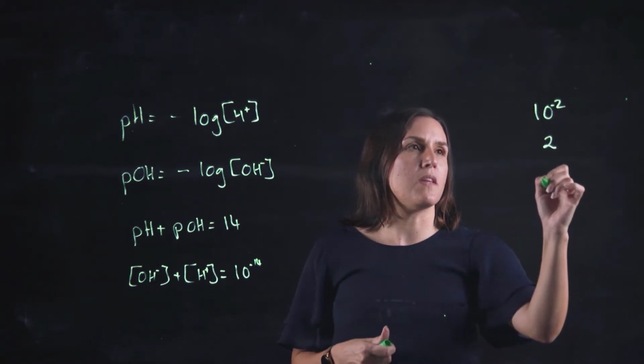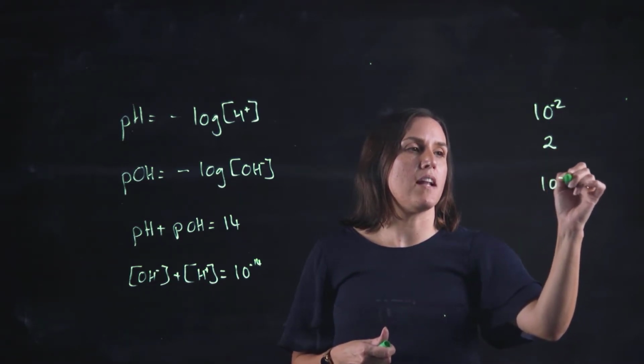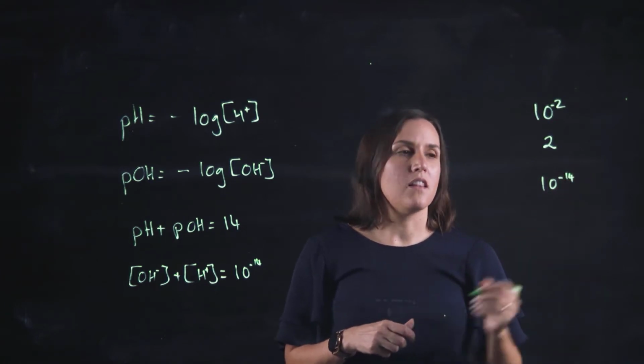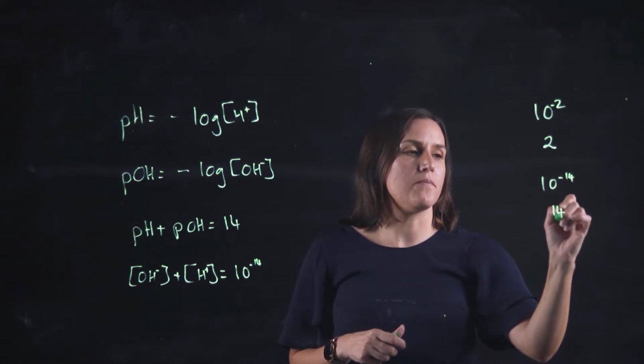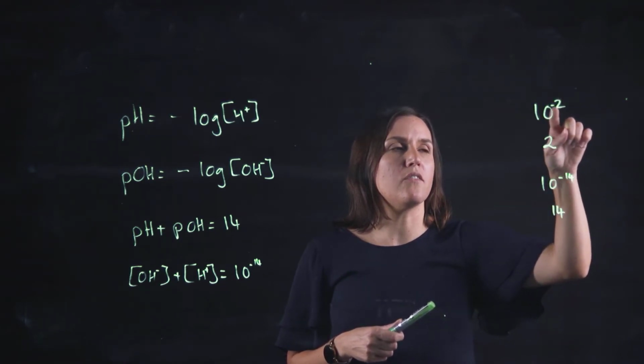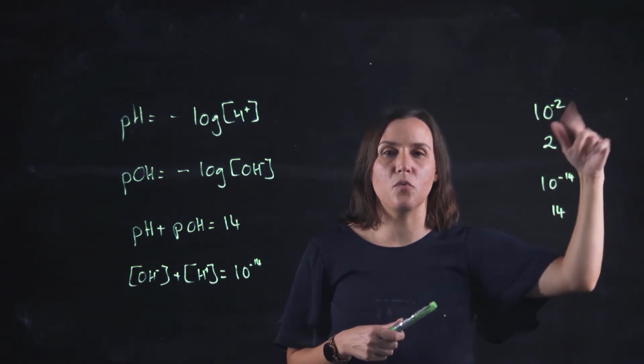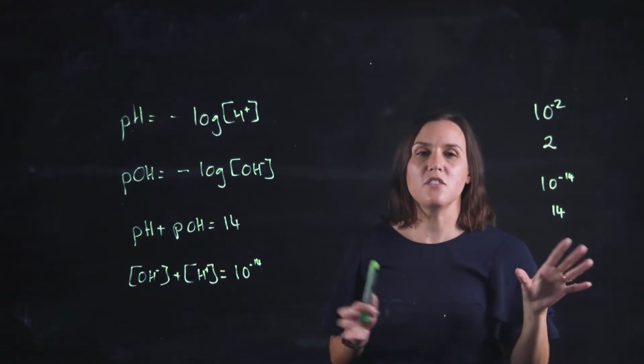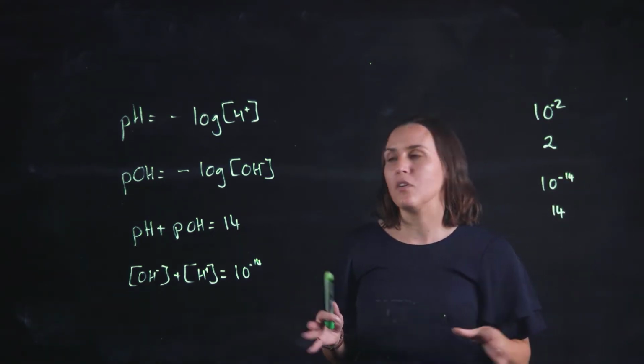If I have something that's 10 to the minus 14, then that would equal 14. Okay, so just the value up there, leave the negative behind, and that is the value when you're switching between them. So let's do a couple of examples so you can see how this works.